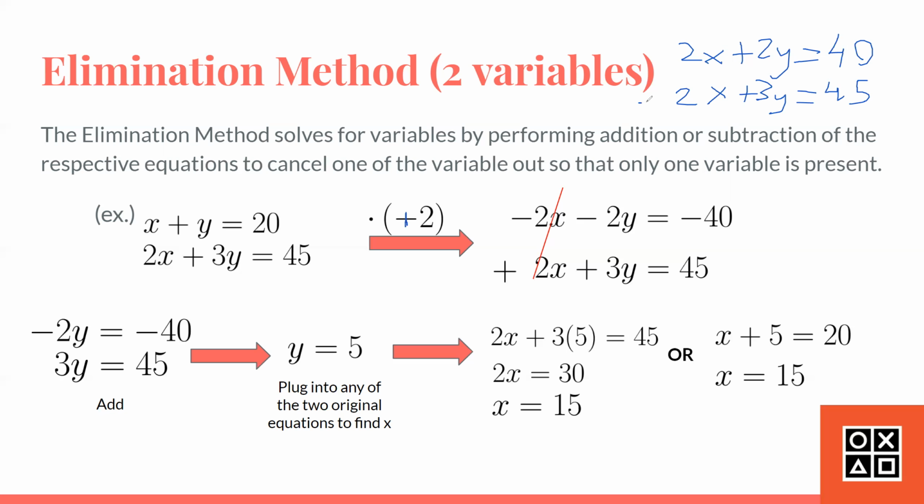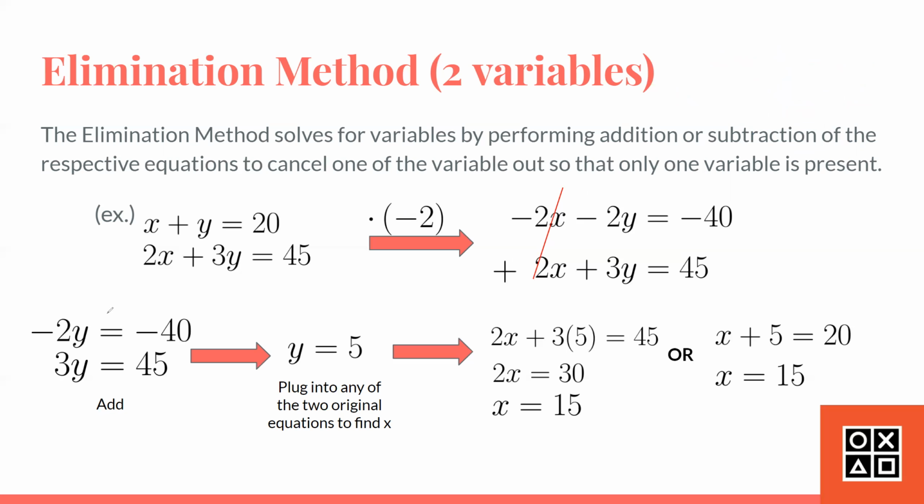In this case, you would subtract the two equations. So you would do 2 minus 2 to cancel that out, and you would do 2y minus 3y, so you would end up with minus y equals -5, and then you would get y equals 5. So you can also do it that way as well.